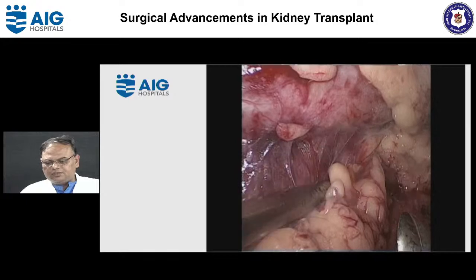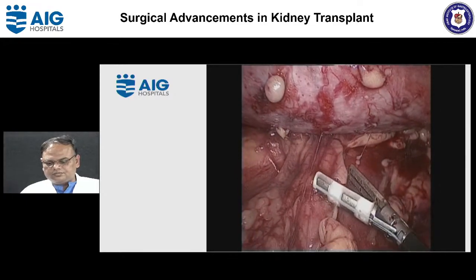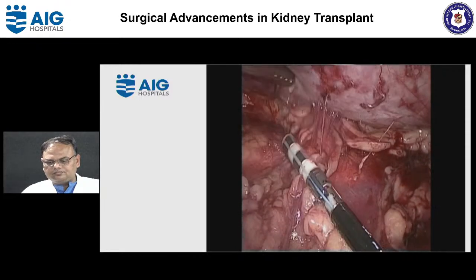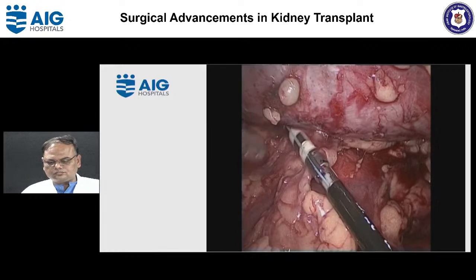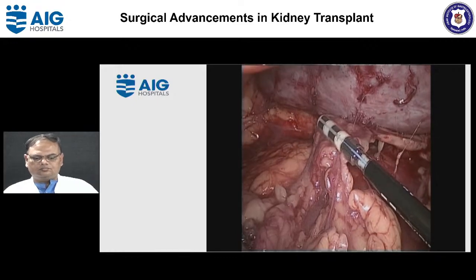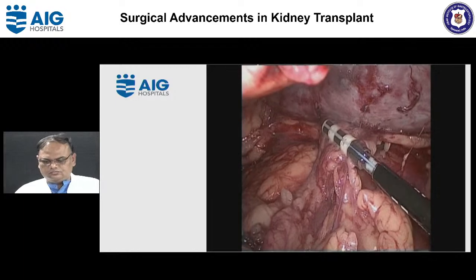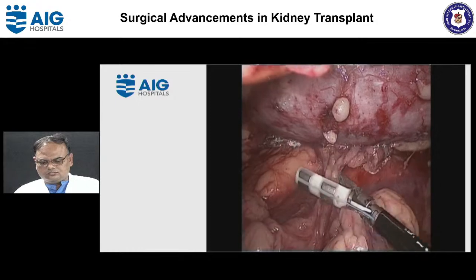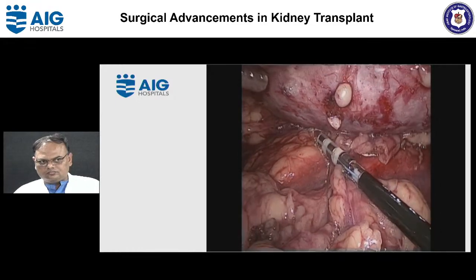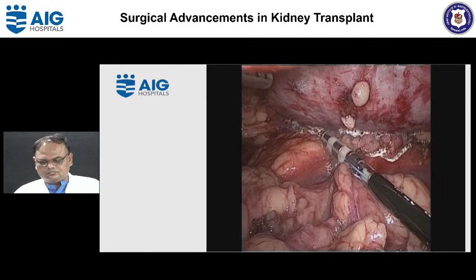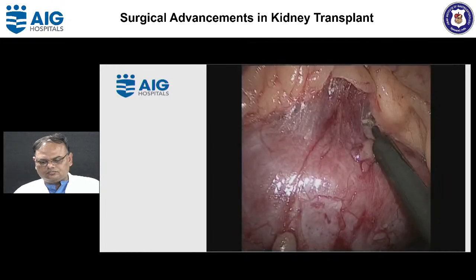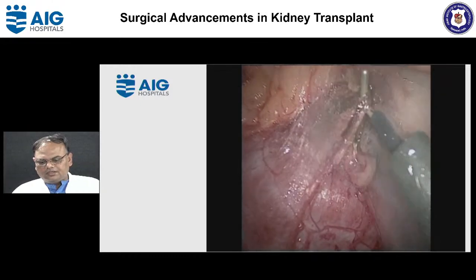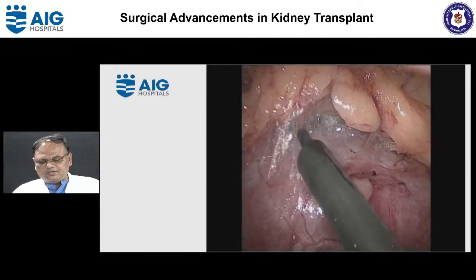This excision helps in creating more space. Then the focus is shifted anteriorly and the kidney is freed from the perirenal fat anteriorly.